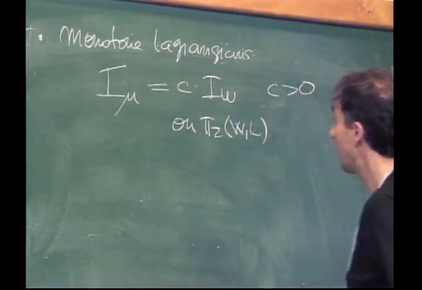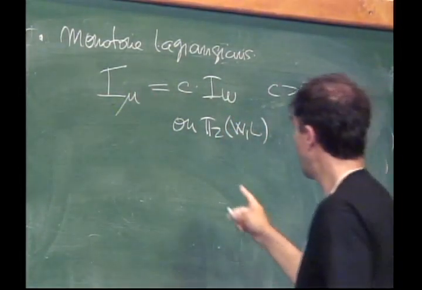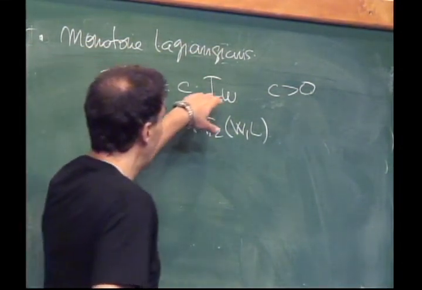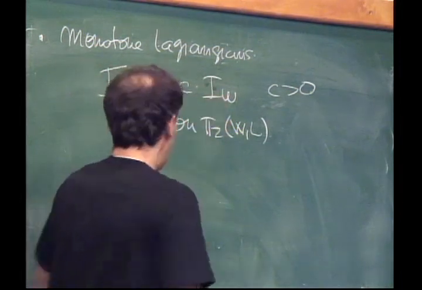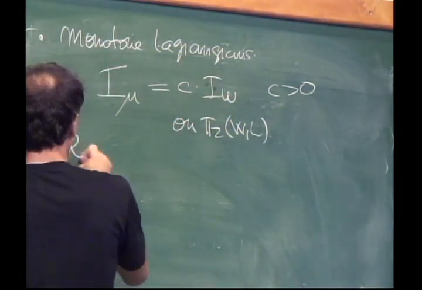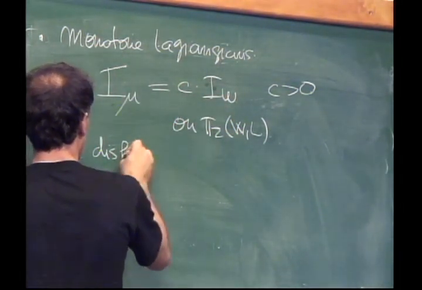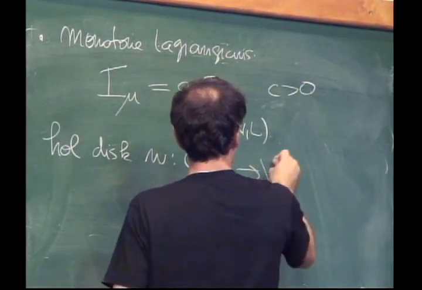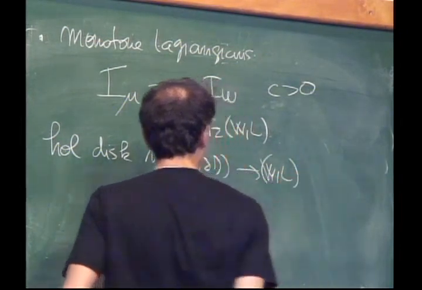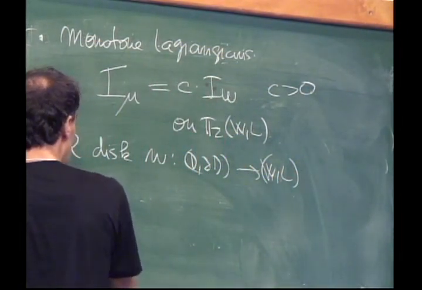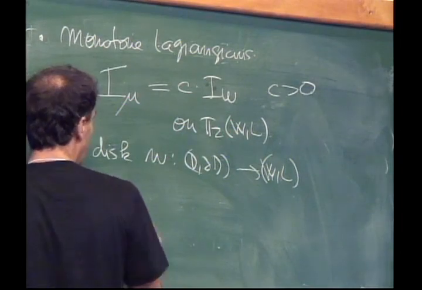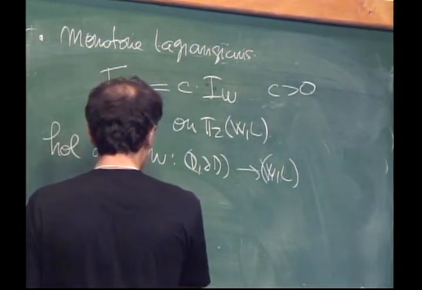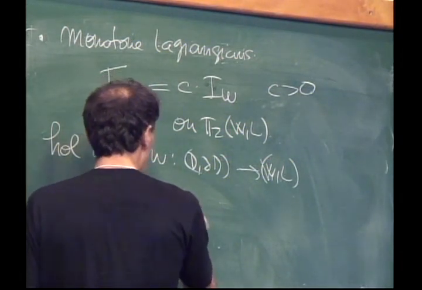Now, what happens here is that if you have a holomorphic sphere or disk, W, its symplectic area is positive, of course, and its Maslov index must be greater than 0.